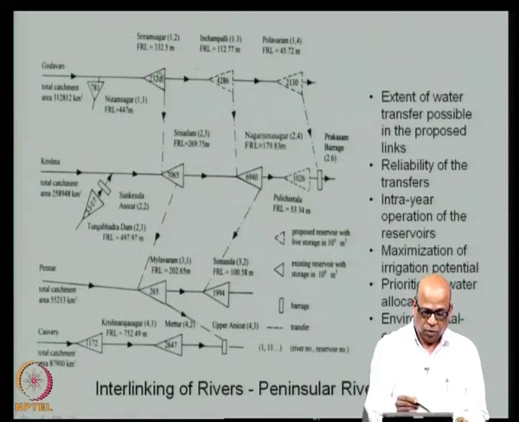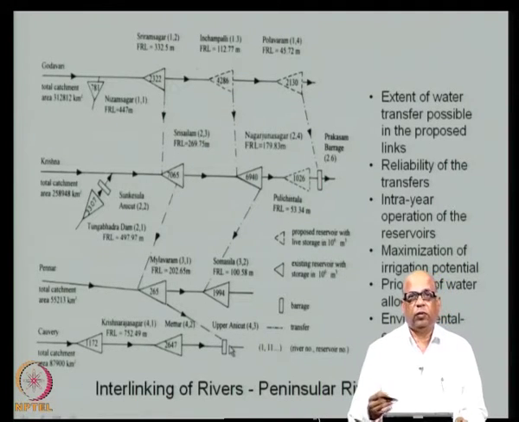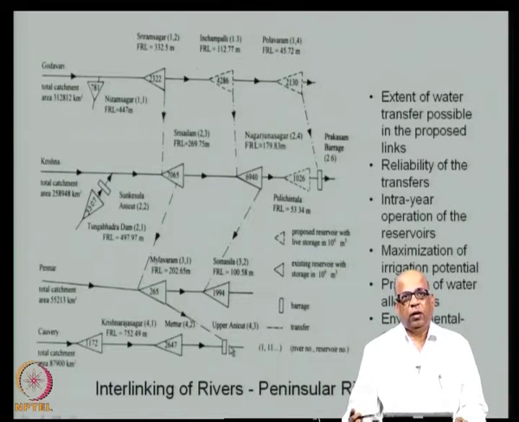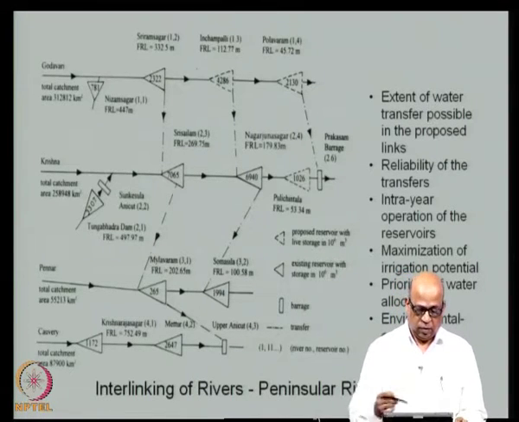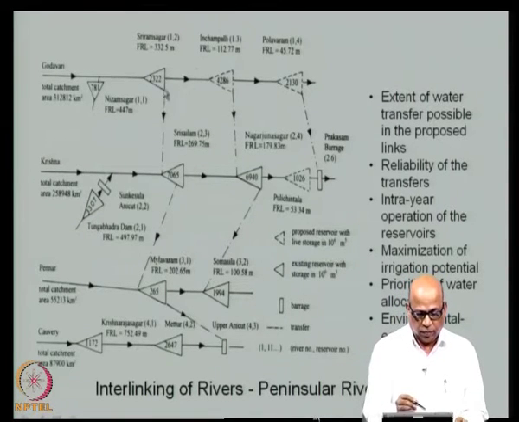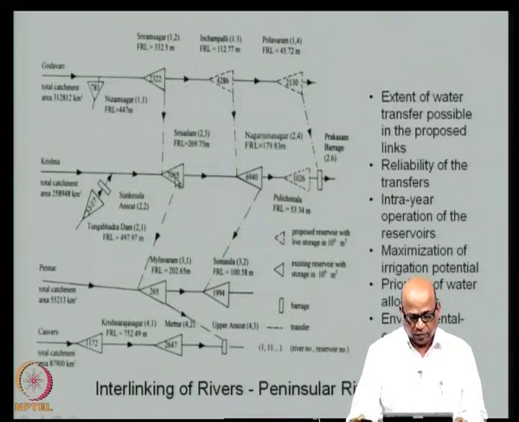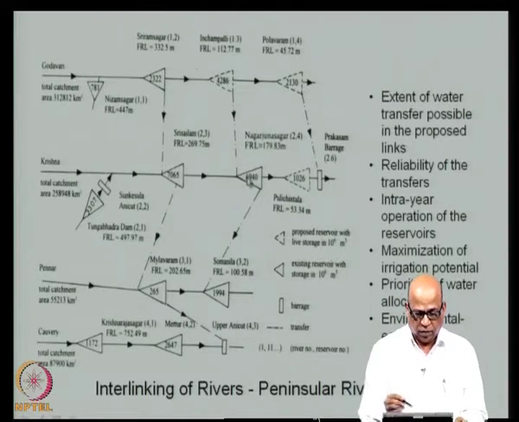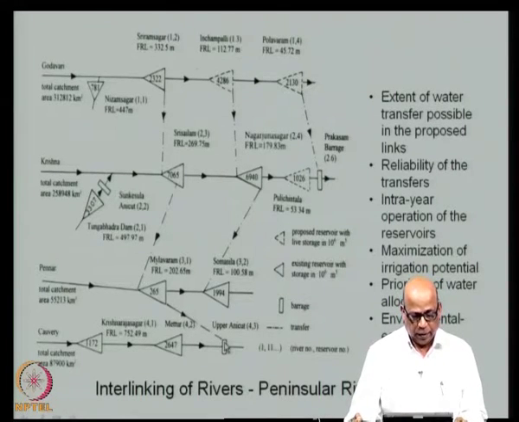So, from Godavari to Krishna to Pennar to Kaveri. So, this is the proposed interlinking system. Now, these numbers here are the storages of reservoirs. There are some existing reservoirs, there are some proposed reservoirs and so on, and there are barrages here.